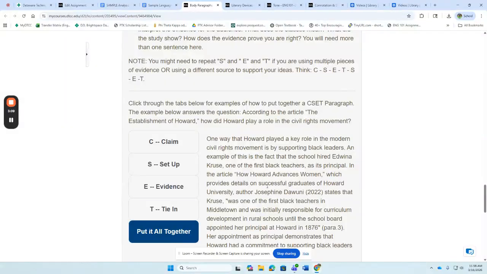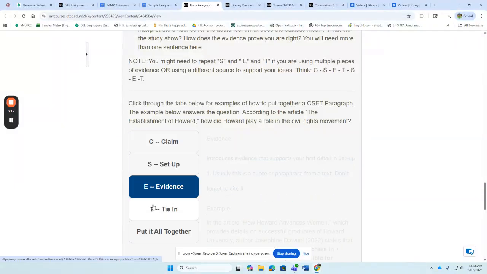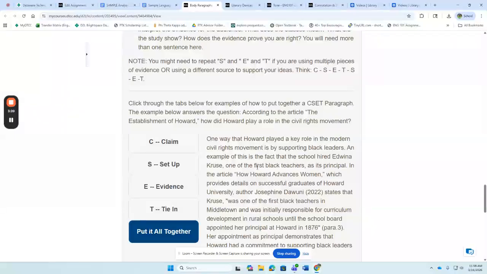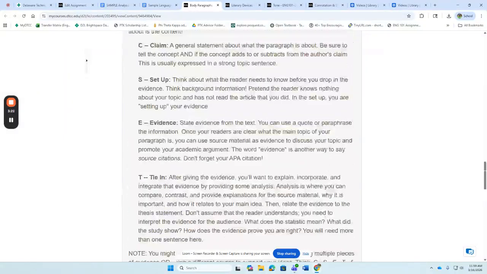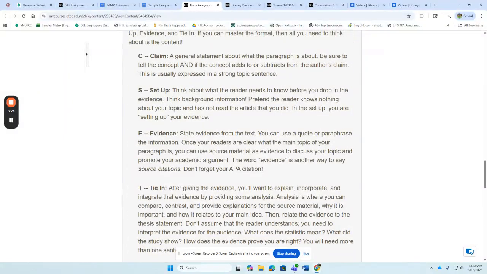Even this example is different from the summary response that you did, and it's going to be different than the analysis that you did. But using CSET works for just about every essay. So make sure that you go through and remember that this is how we're going to be putting it together. For us, it's going to be more of a CSET set paragraph where we have a secondary setup, evidence, and tie-in, but we'll take a look at that in a second.